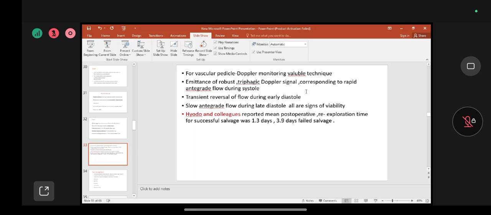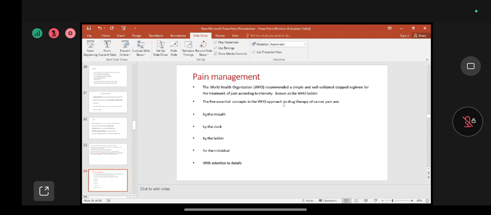If all are present, that is our sign of viability. Hayodo and colleagues reported that the mean post-operative re-exploration time for successful salvage was 1.3 days, and for failed salvage it was 3.9 days.